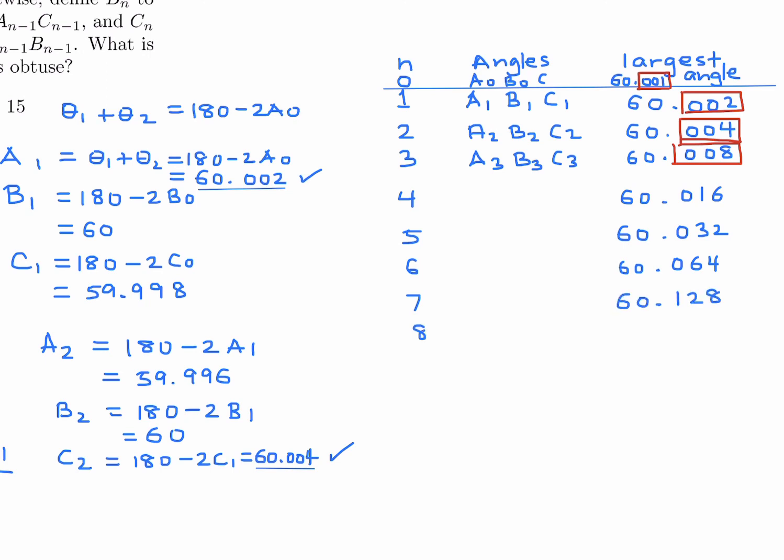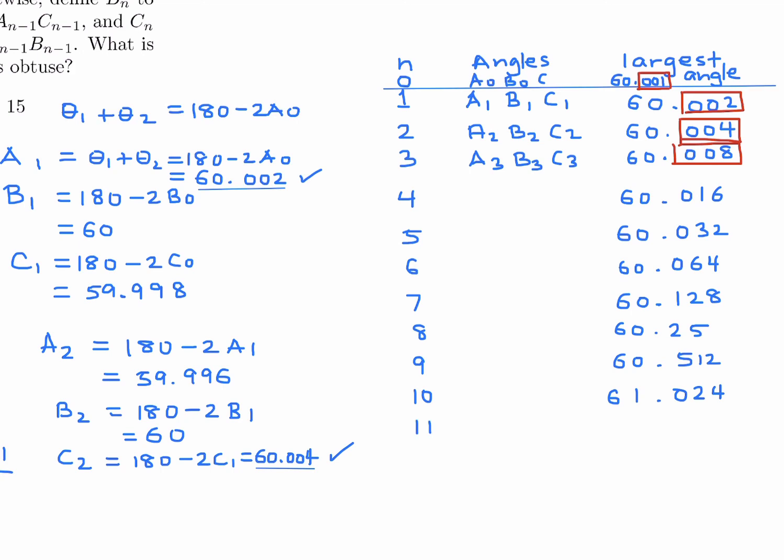It seems like you're never going to get to 90 within 15, but the magic happens very quickly. Kind of reminds me of compound interest when you're investing. So number 9, 60.5. Sorry, this was 256. Now we have 512. Number 10. Now we're getting above 61. Ooh, okay, a little bit of progress.